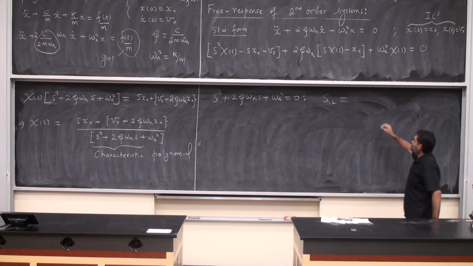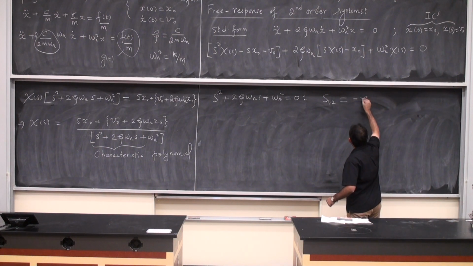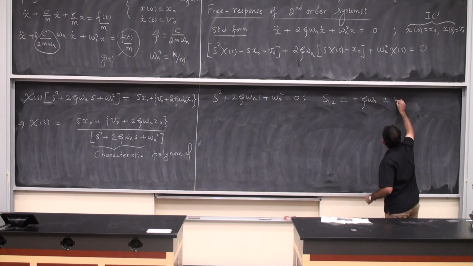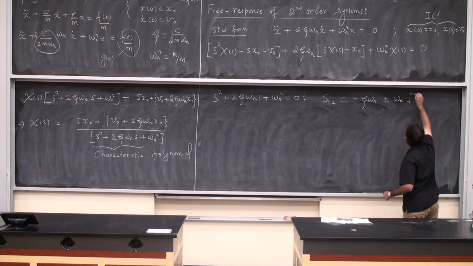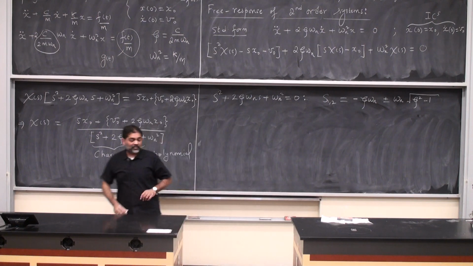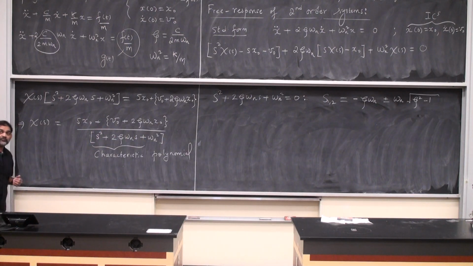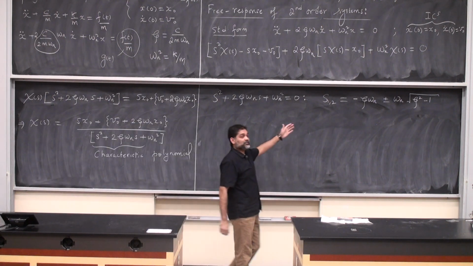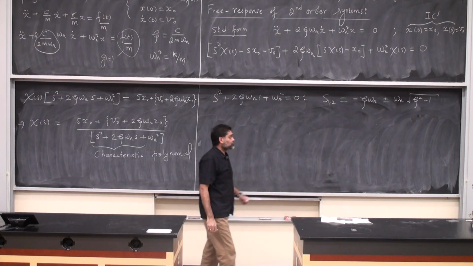We did this last class. So this is minus zeta omega n plus or minus omega n times square root of zeta square minus 1. The factor of 2 cancels off when you do the squaring and dividing it by the factor of 2 and so on. Please know how to get this. This is just basic quadratic equations. Okay? Alright.